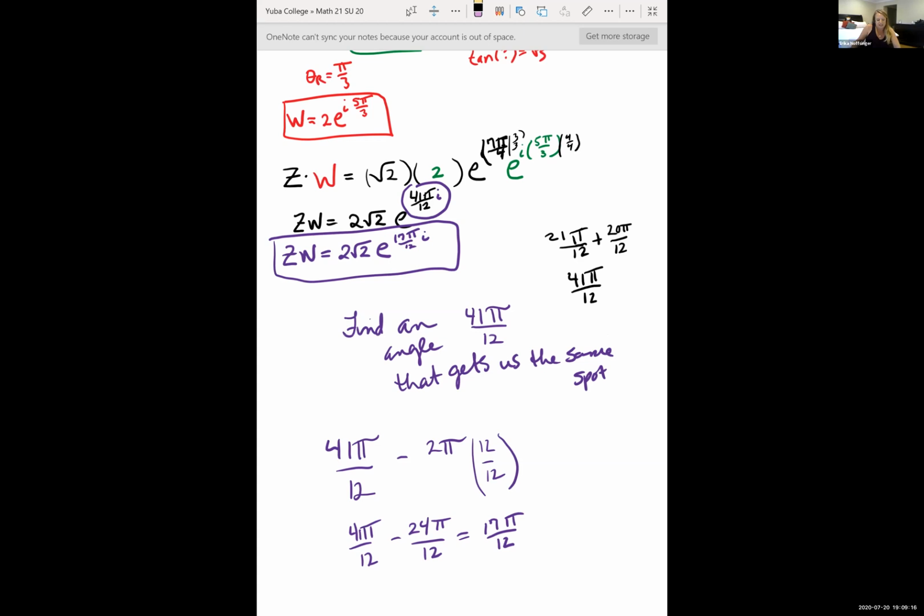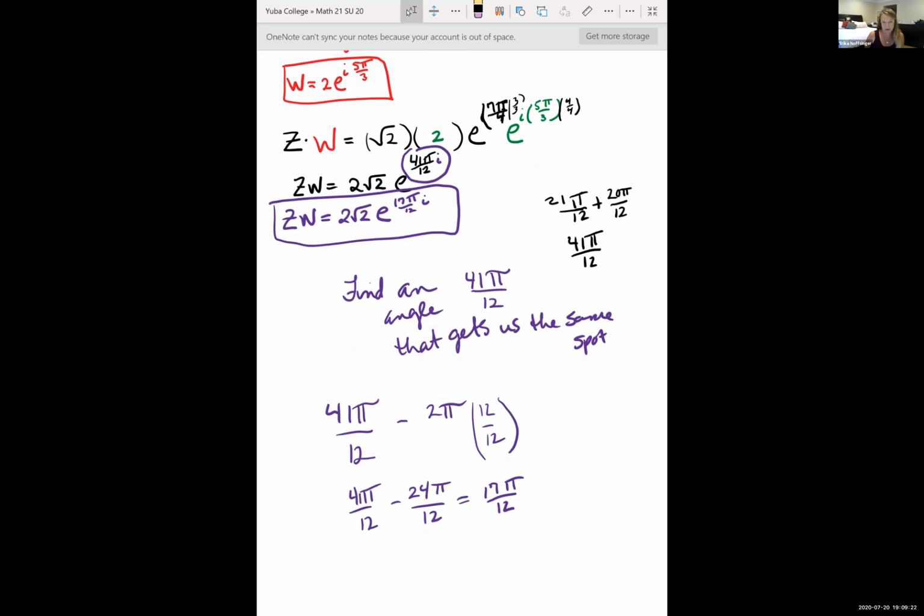So this would have given us pretty much the same thing as if we had written this in trigonometric form. Basically, we did all the work. We figured out what r was. In trigonometric form, you have your r's multiplied, so 2 times root 2, times cosine of the angle, same idea. We would have to get it down to an angle between 0 and 2 pi, so 17 pi 12ths, plus i sine of 17 pi 12ths.